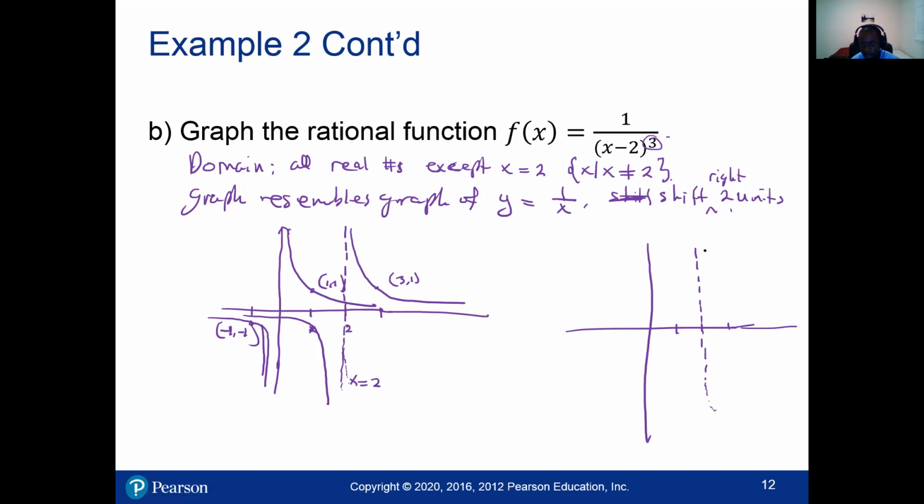So this graph is going to be like this, and then it's going to come and go like that. This is your y-axis, and that's your x-axis. And this is the graph for what? The f of x, which is 1 over (x minus 2) to the third power.